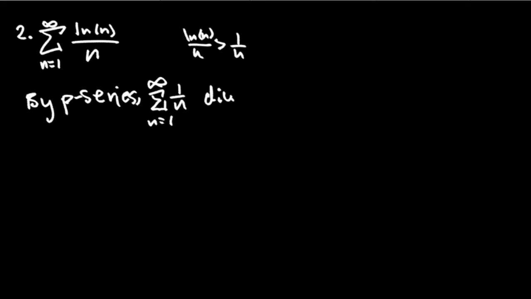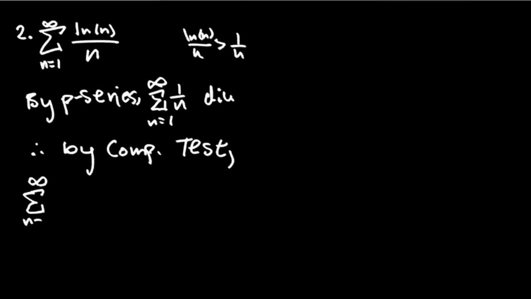And because ln of n over n is greater than 1 over n, then by the comparison test, the summation is also going to diverge. So it also diverges.